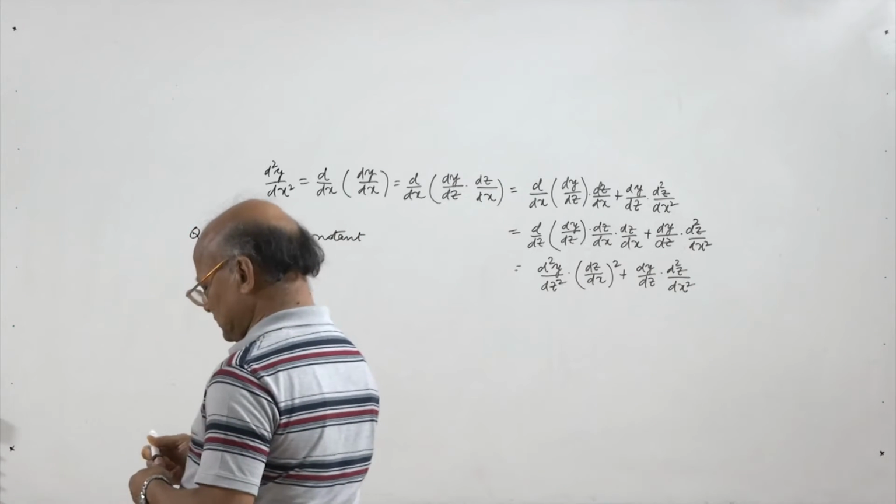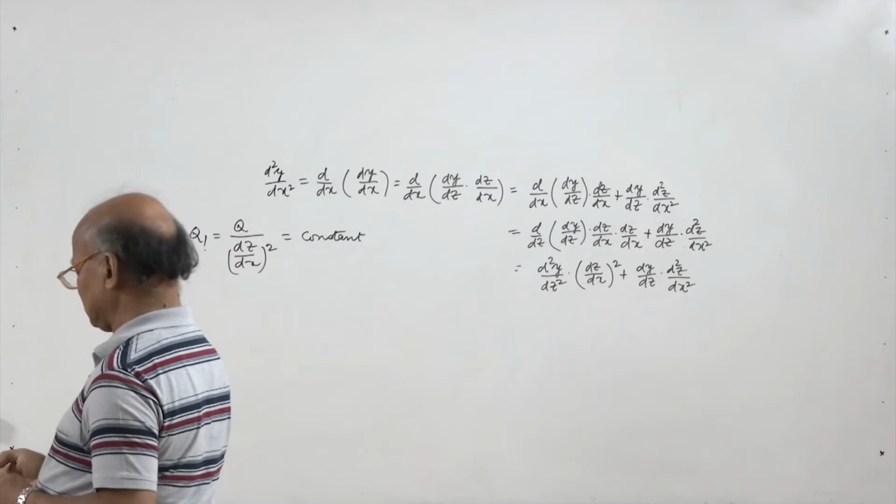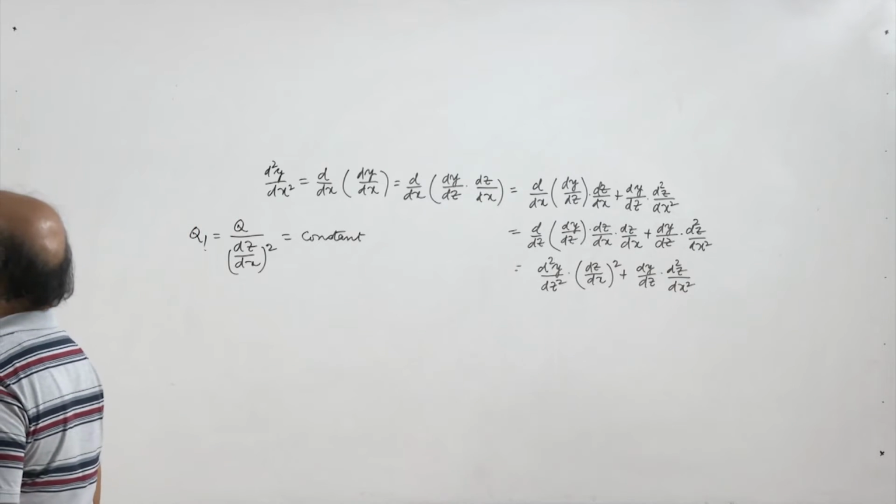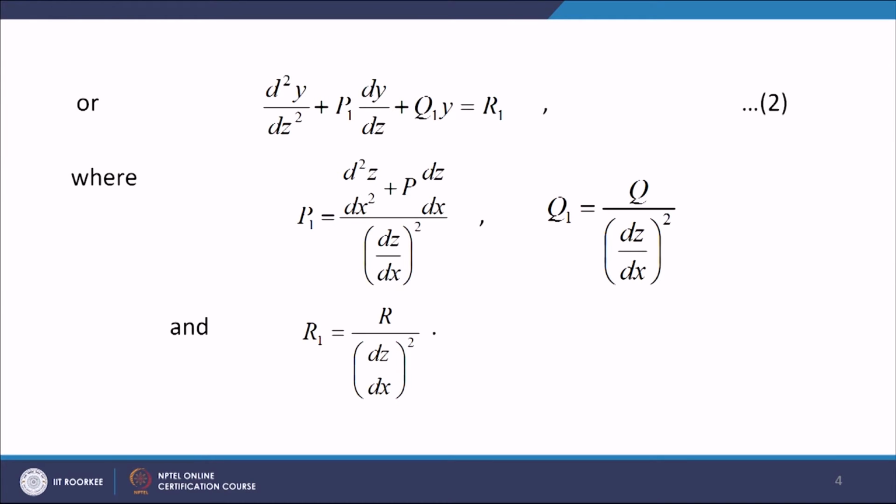Then if it so happens that p1 also becomes a constant, then equation 2 will be a linear differential equation of second order in the independent variable z, the dependent variable y, with constant coefficients. And we have seen earlier how we solve a second order linear differential equation with constant coefficients.